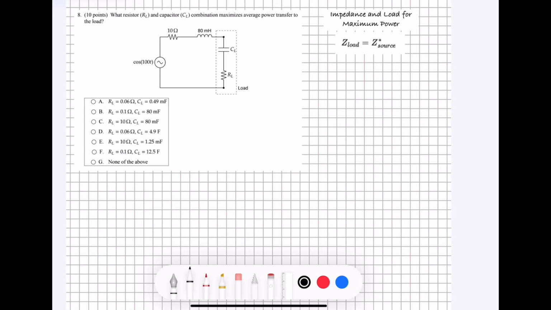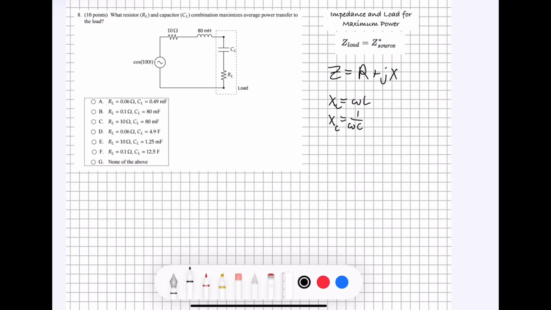So in order to know what these two values are, we need to remember this equation. Impedance is equal to resistance plus J times the reactance. And the reactance is either going to be equal to omega L, or it's going to be equal to 1 over omega C, depending on if you're trying to find the reactance of an inductor or a capacitor.